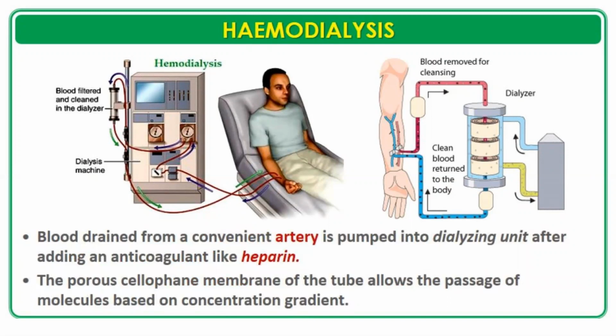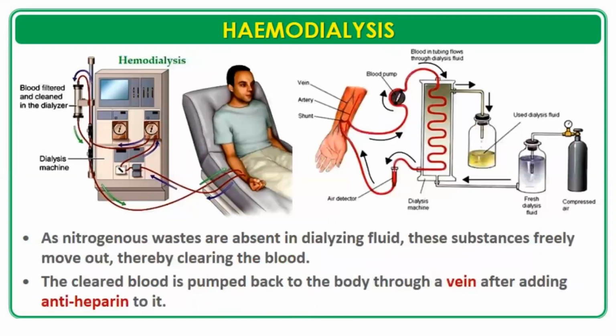Blood is drained from a convenient artery and is pumped into the dialysing unit after adding an anticoagulant like heparin to the blood. The porous cellophane membrane of the tube allows the passage of molecules based on concentration gradient. As nitrogenous wastes are absent in the dialysing fluid, these substances freely move out, thereby clearing the blood.